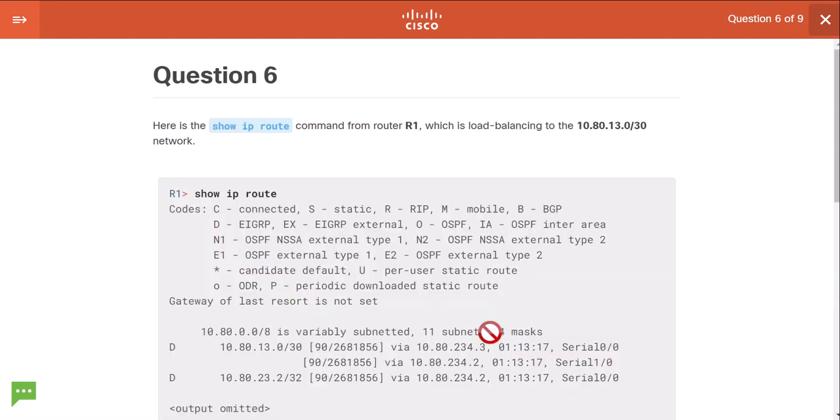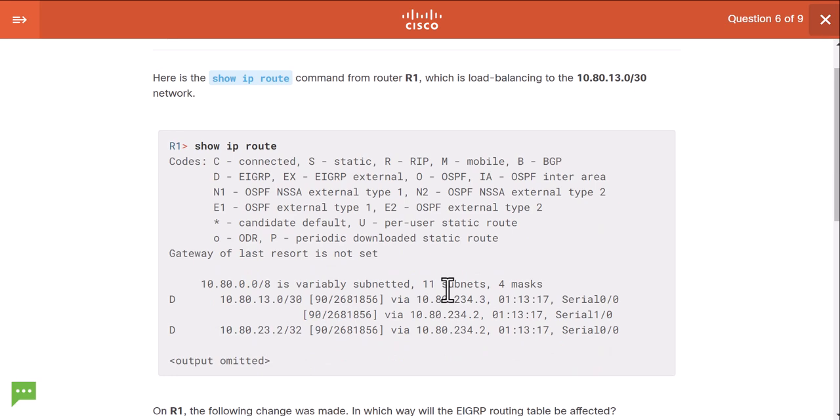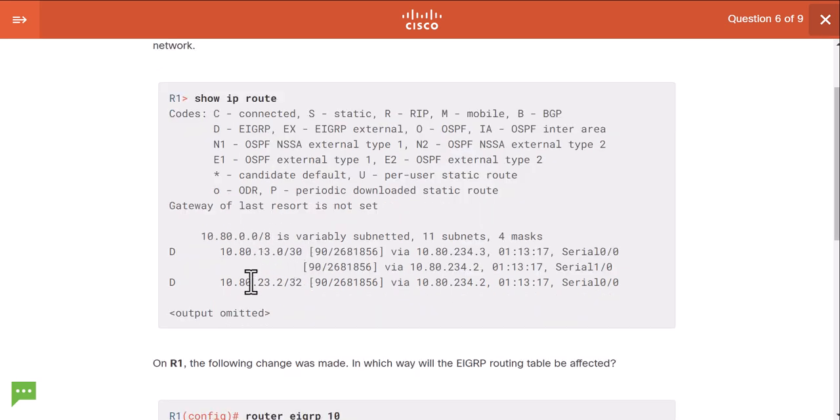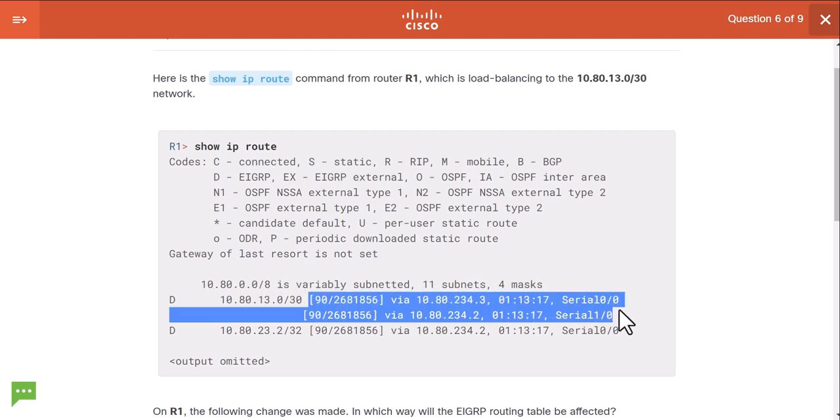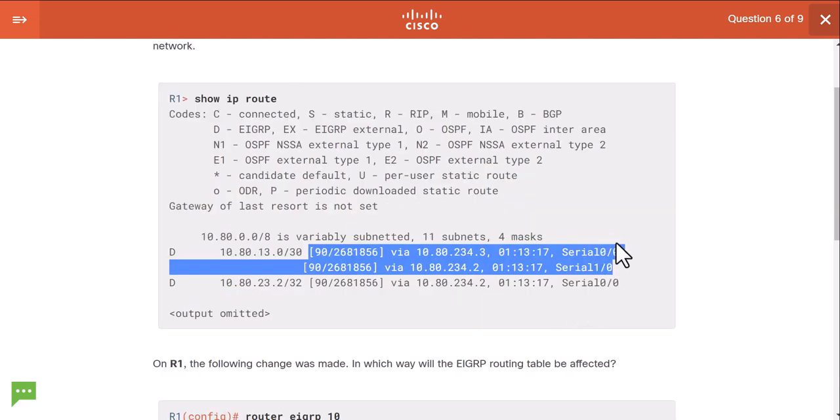Here is the show IP route command from router R1, which is load balancing to the 10.80.13.0/30 network. Okay, let's take a look. This is this network, and it is load balancing across these two different ports and these two different next hop routers.